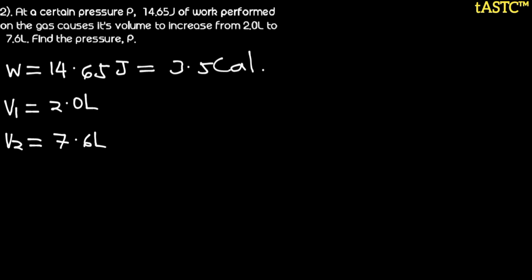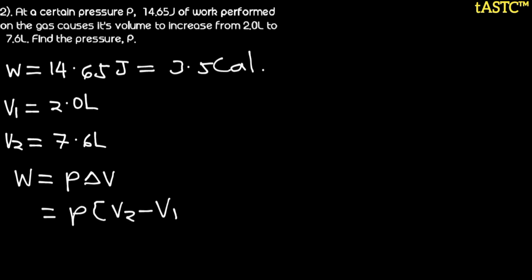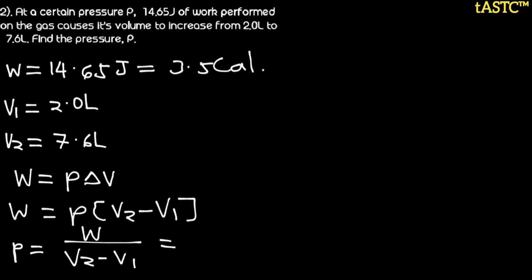So we need to find the pressure from here. Now, we know that work done is equal to PdV, and this should be equal to V2 minus V1. So in order to get P, it will be made the subject. So that is W divided by V2 minus V1. Now what is W? W in this case is 3.5, and that will be divided by V2, 7.6 minus 2.0.